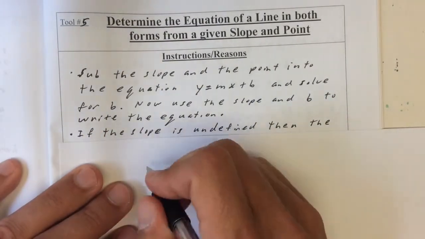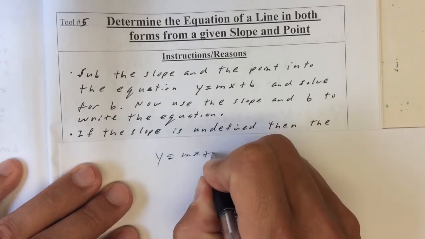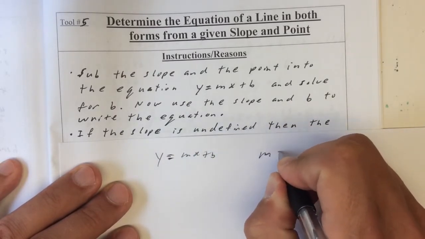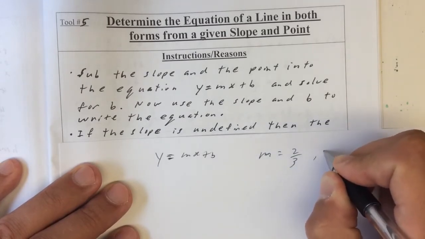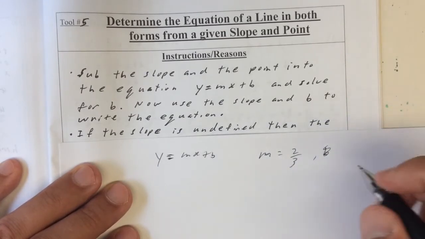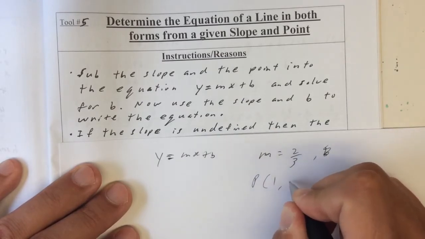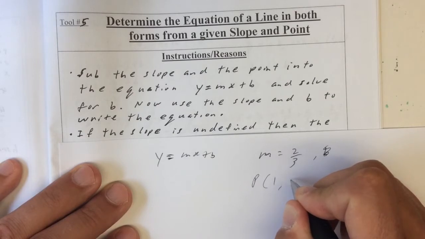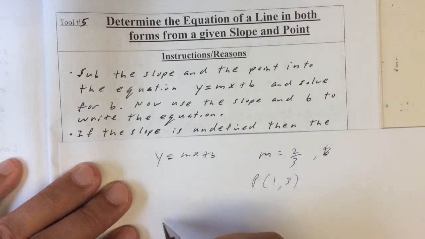Okay? So for example, y equals mx plus b. The slope is 2/3. The point, sorry, not the y-intercept, the point P is 1, 3, let's say, and you sub them in.